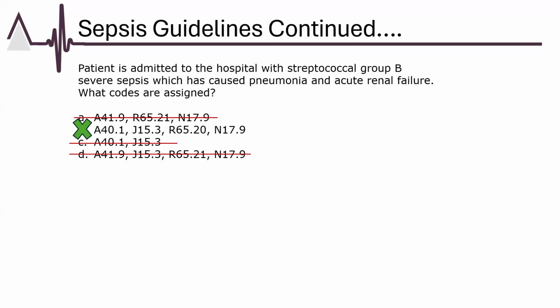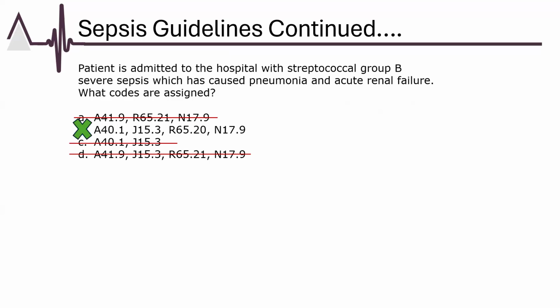Per ICD-10-CM Guideline I.C.1.d.4, if the reason for the admission is both sepsis or severe sepsis and a localized infection such as pneumonia or cellulitis, a code for the systemic infection is assigned first, followed by the code for the localized infection.